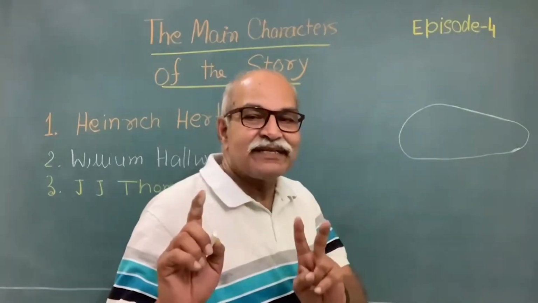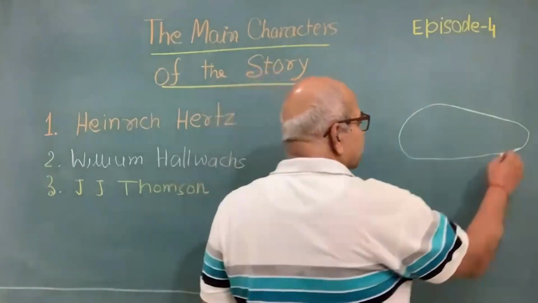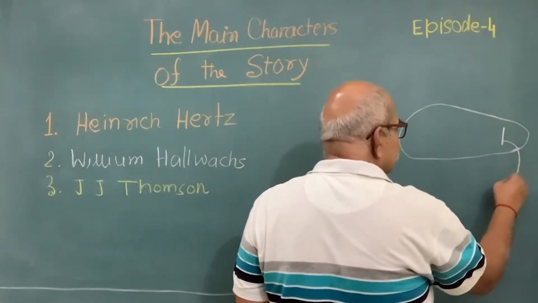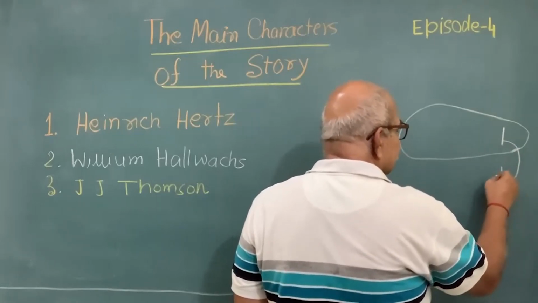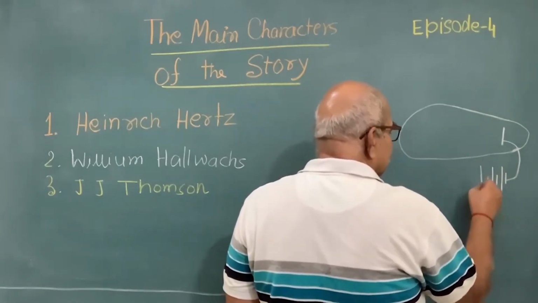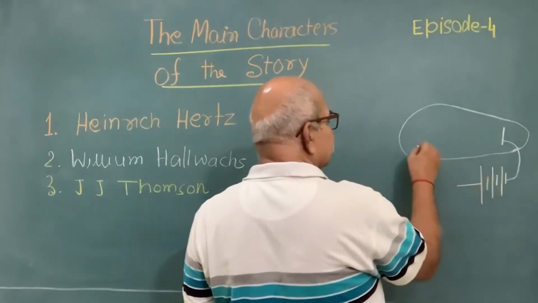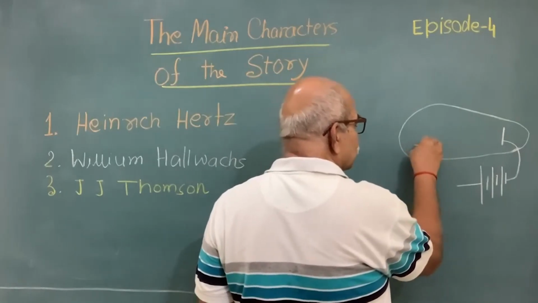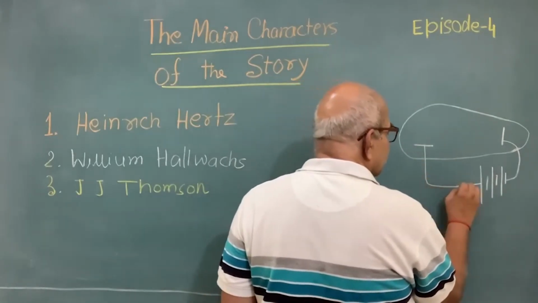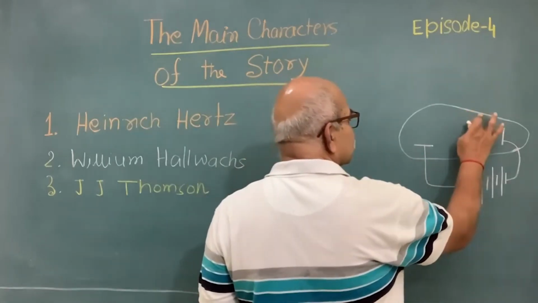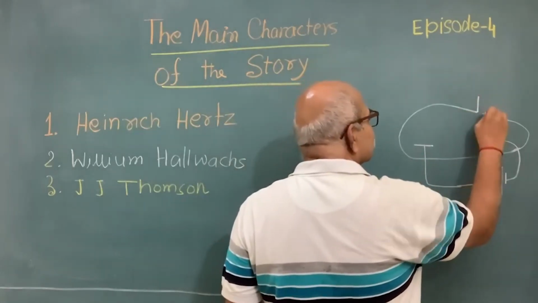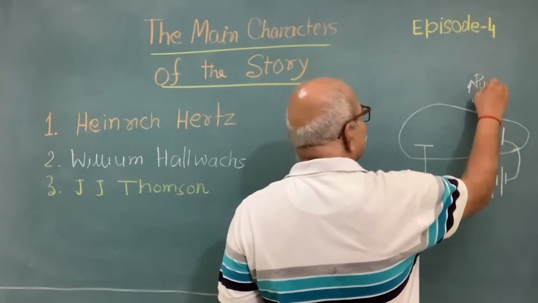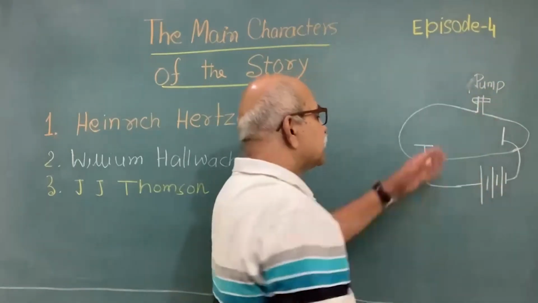The basic elements in the Crookes tube are: you have a cathode, which is a metal electrode connected to the negative terminal of a large potential difference, and then you have an anode somewhere. From somewhere you have to pump out the air, going to a vacuum pump, from where you can reduce the pressure and so on.